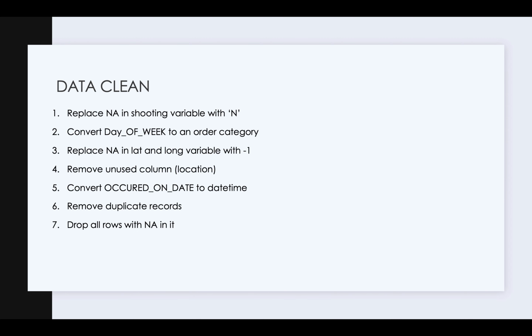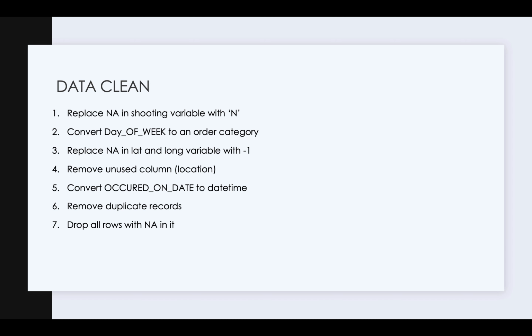Also, before I start the analysis, I did some data cleaning. I replaced NA in the shooting variable with N. I converted day of week to an ordered category. I replaced the missing values in the latitude and longitude variables with -1. I removed the unused columns.